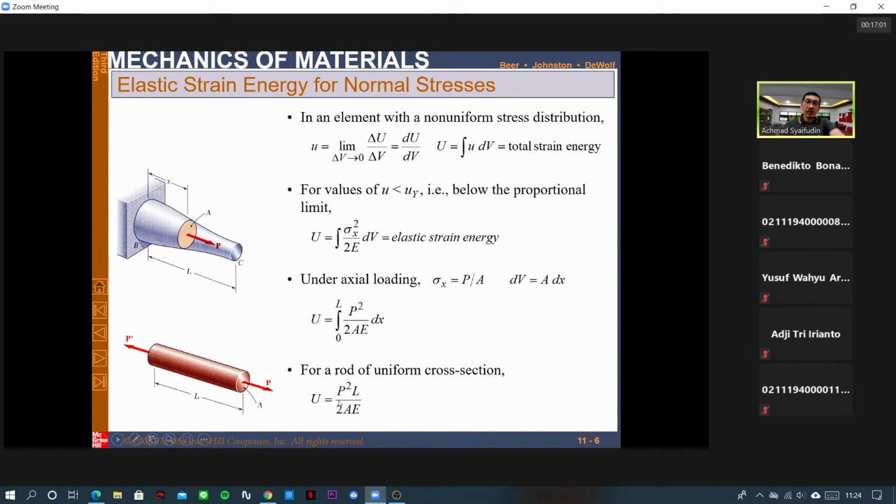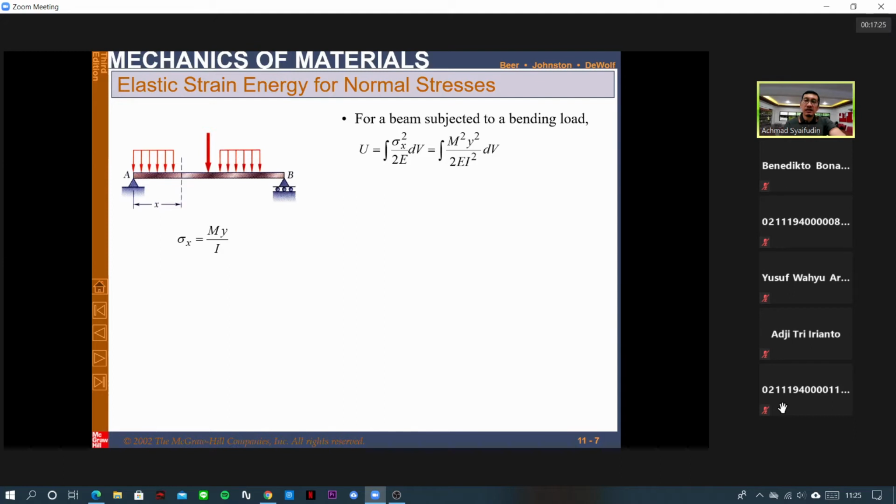How do you identify whether this is axial or another type of load? You can see here the normal loads and also the AE. The A is the cross-sectional area, the E is the modulus of elasticity.